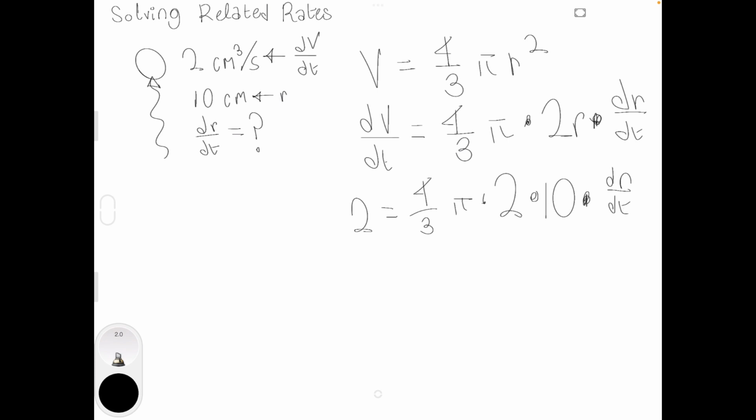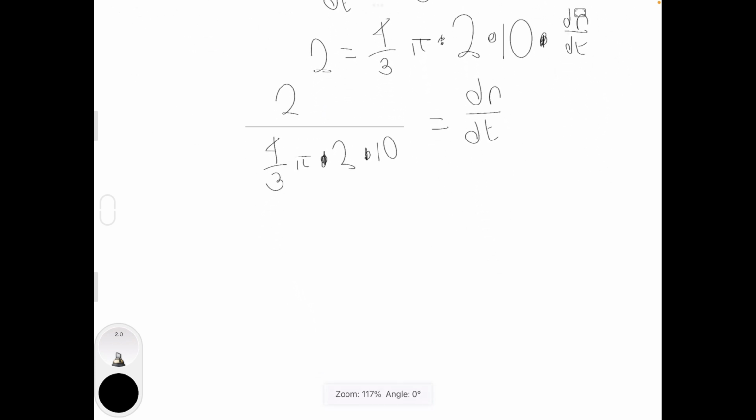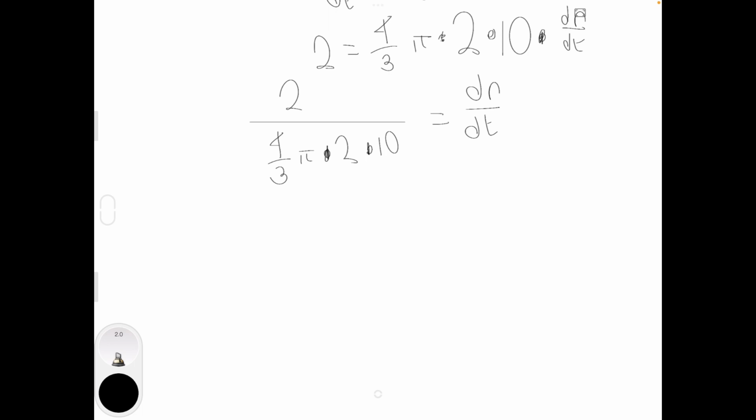So we need to solve for dr over dt. So that means 2 over 4/3 pi times 2 times 10 is equal to dr over dt. I'll give you a second to plug that into your calculators and solve.